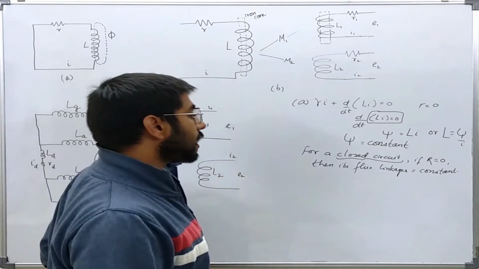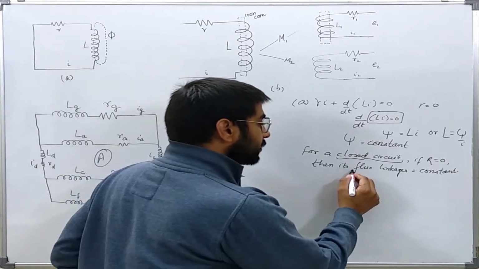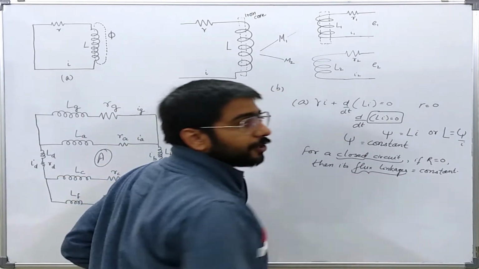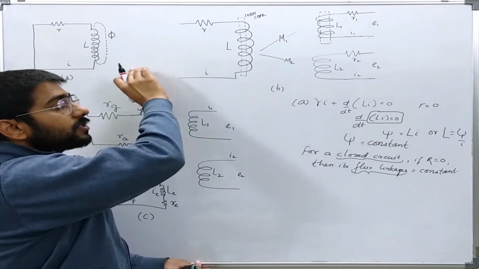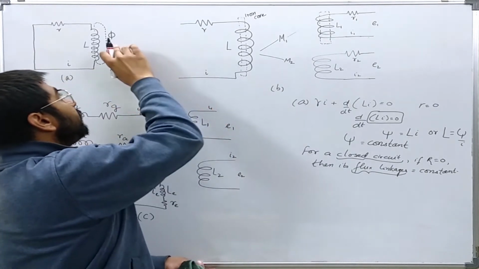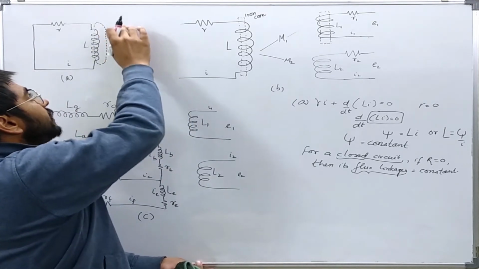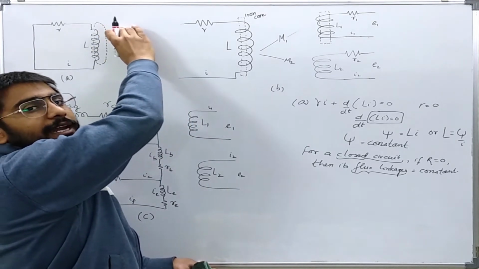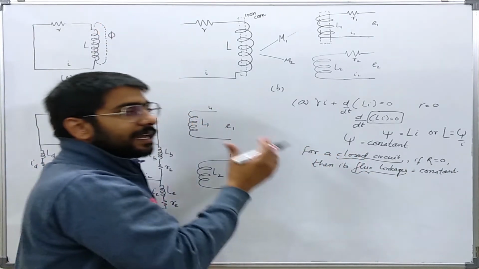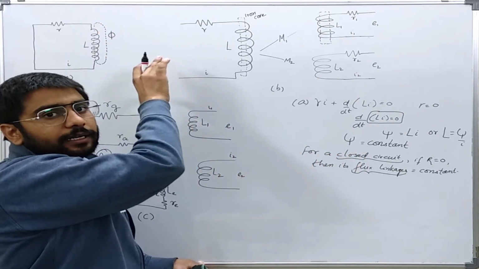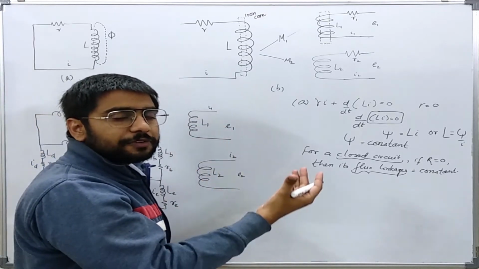Now here I have used the term flux linkages instead of flux. Why is it so? Because I want to show that even if flux links with half the number of turns, we will have to use only those flux linkages which are linked with that circuit, according to the number of turns which are linked.